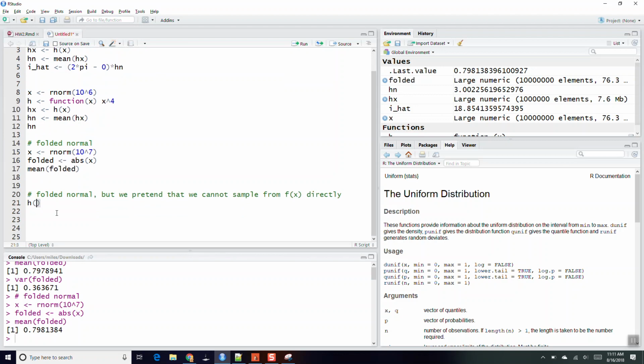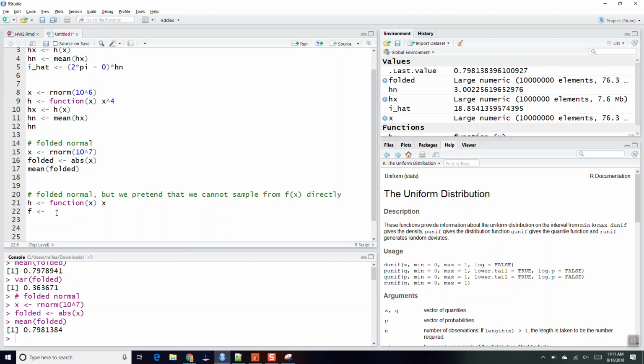Okay, so h of x is just x. I'm sorry, this is a function of x, or we should just return x. F of x, so not h.